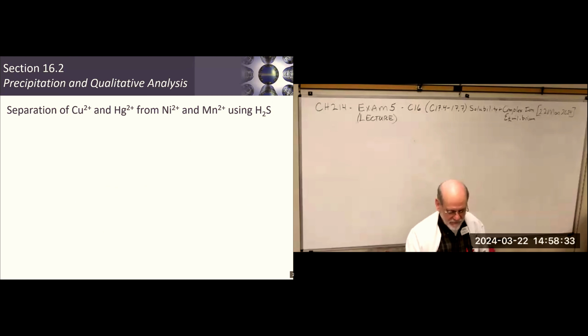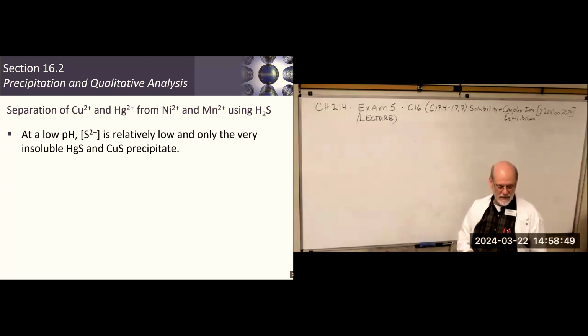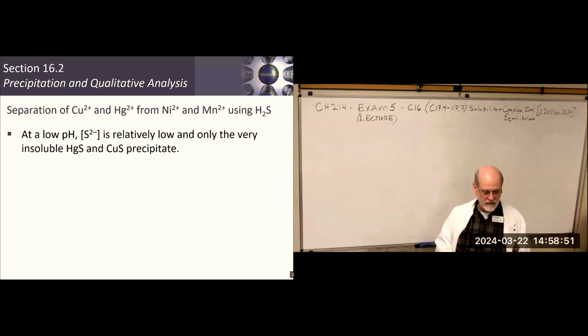Let's say we have copper 2+, mercury 2+, nickel 2+, manganese 2+, and we use hydrogen sulfide. Okay. What we find is at a low pH, the solubility of hydrogen sulfide and the concentration of sulfide ions is relatively low.